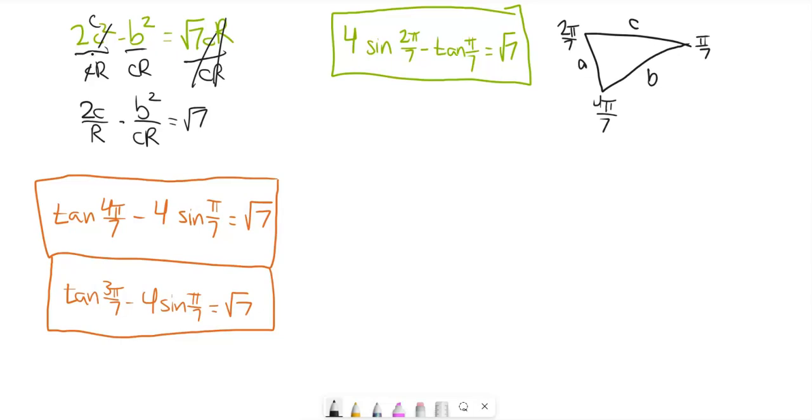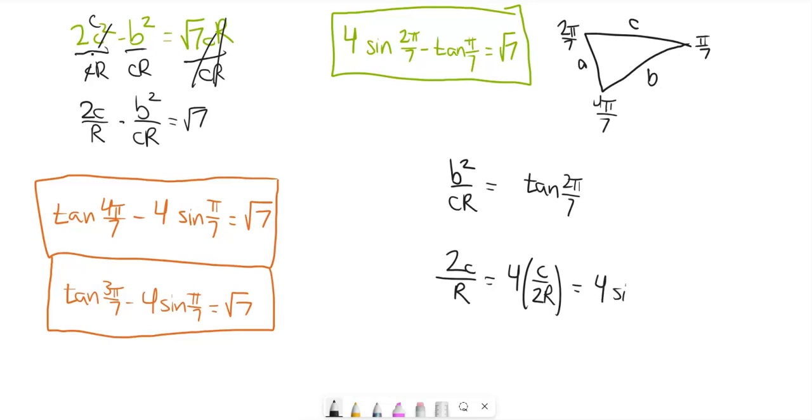Well, if you remember from the last video, we know that b squared over cr equals the tangent of 2 pi over 7. And of course, like the last two examples, we can factor out a 4. So 2c over r becomes 4 times the quantity c over 2r. So that makes that 4 times the sine of 3 pi over 7.